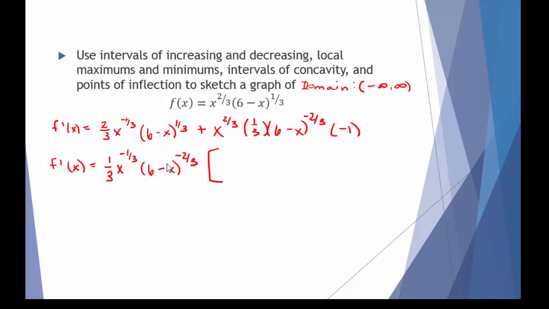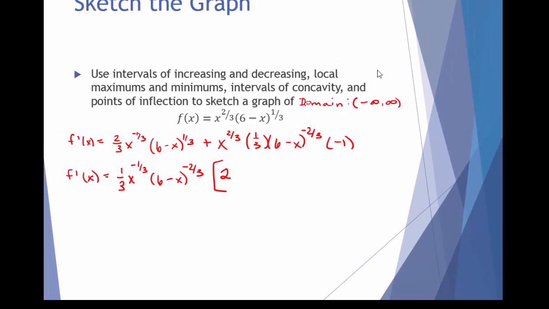This is your GCF. When you factor out the 1/3 out of the 2/3, that's going to leave me with a 2. I've taken out the x to the negative 1/3, and now I just need to figure out what I'm left with: the 6 minus x. Keep in mind that I'm taking (6 minus x)^(1/3), and I am factoring out, meaning dividing out, (6 minus x)^(-2/3).